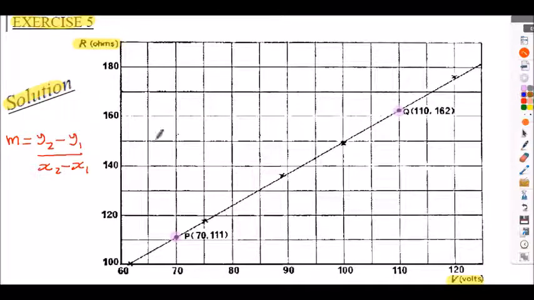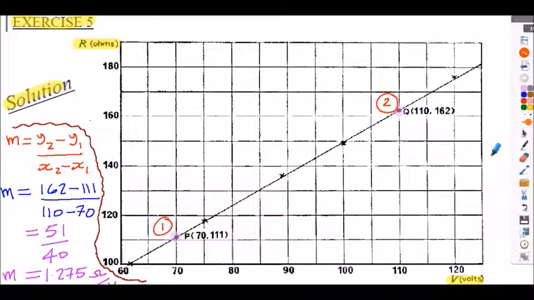So using the equation on the previous slide, m is equal to y2 minus y1 over x2 minus x1. I'm going to call this point 1, point 2. So putting the values to the equation, evaluating the gradient, m is equal to 1.275, and units would be ohms per volt in this case, ohms on the vertical axis and volts on the horizontal axis.